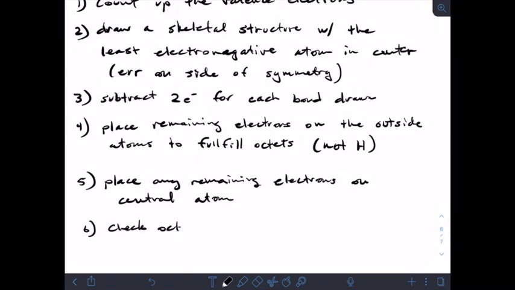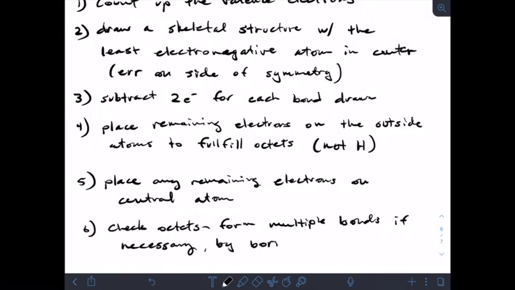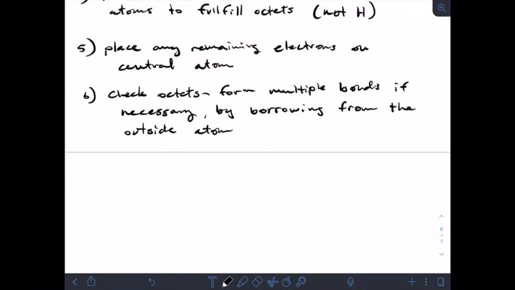Now we're going to check the octets and form multiple bonds if necessary, by borrowing from the outside atom. And our final step is to check formal charges.